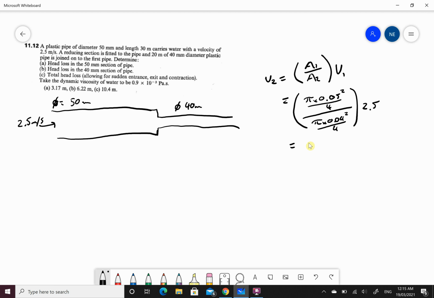What we end up with here is a V2 of 3.9 meters per second. So that's the velocity in here, which is V2.